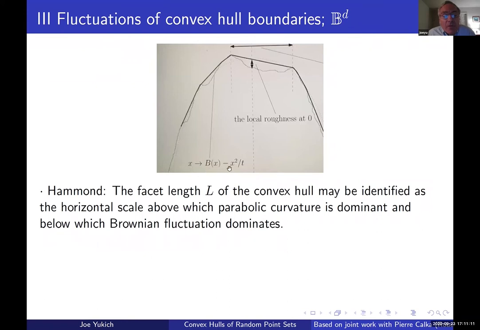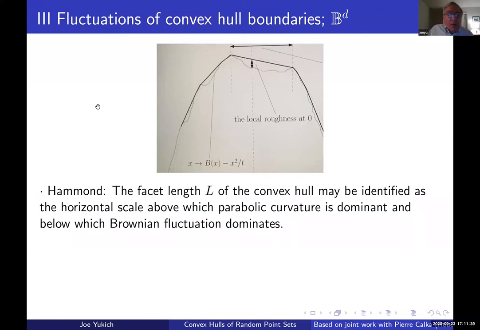We have Brownian motion with parabolic drift. That's this jagged gray curve here. And then we take the convex hull of this Brownian motion with parabolic drift. That's the heavy dark line here. And we ask for the fluctuations of the Brownian motion with respect to its convex hull.